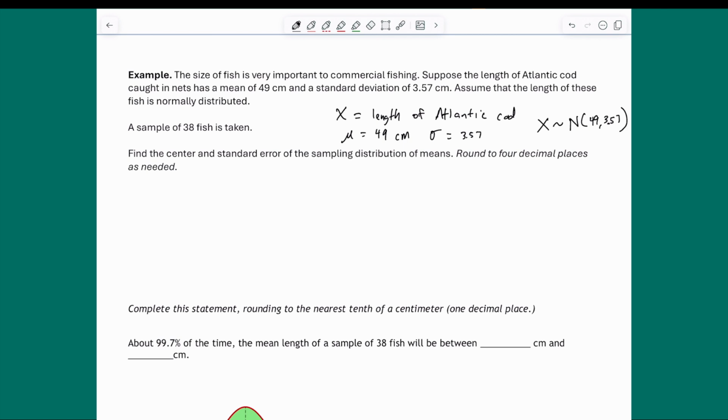And that's the shorthand notation to express that. We're asked to find the center and standard error of the sample distribution of means.